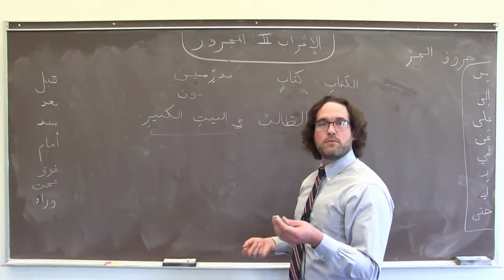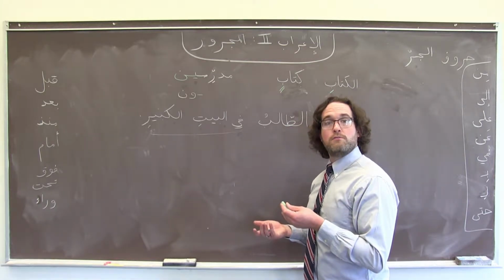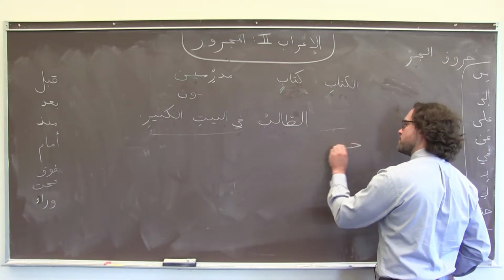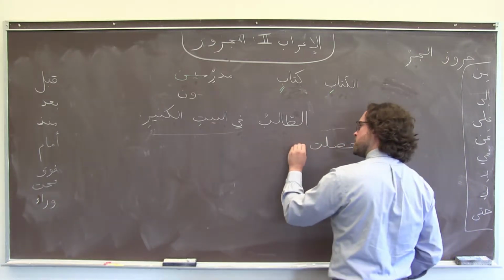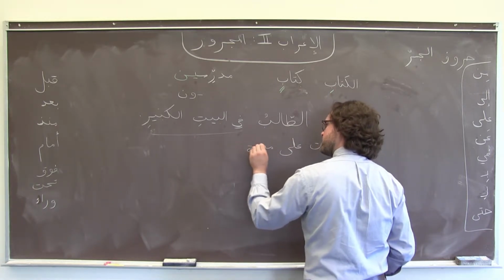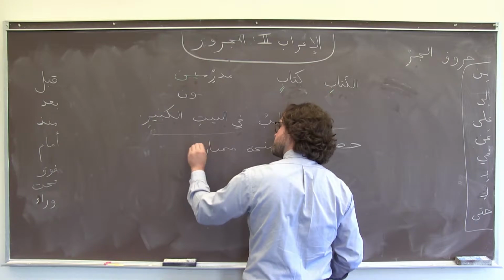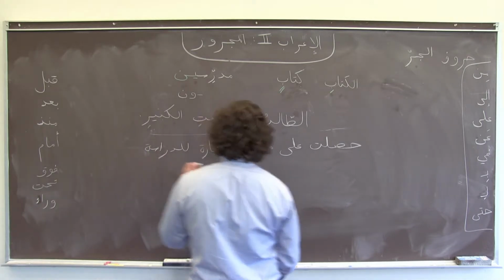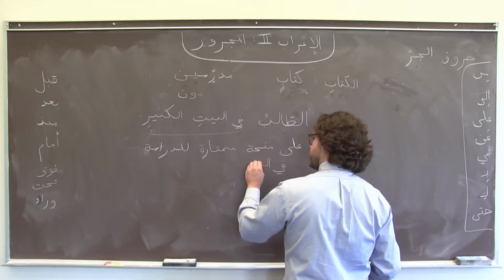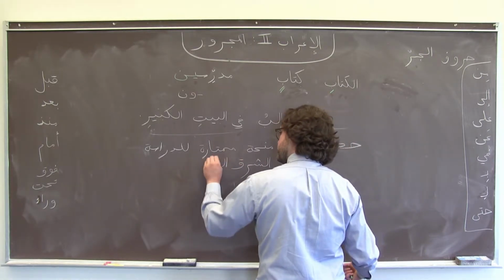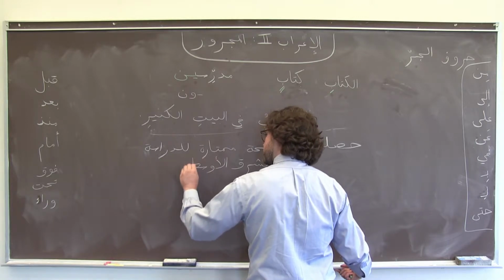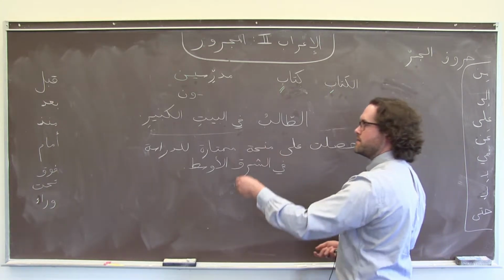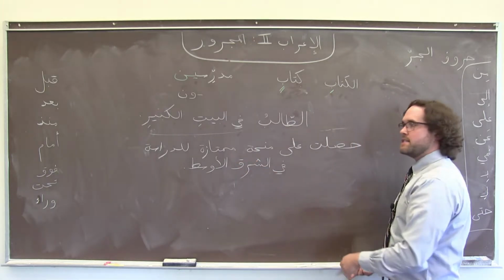Let's take another example. If we wanted to say, I got an excellent scholarship for studying in the Middle East, or to study in the Middle East, I could express it this way. حصلت على منحة ممتازة للدراسة في الشرق الأوسط.